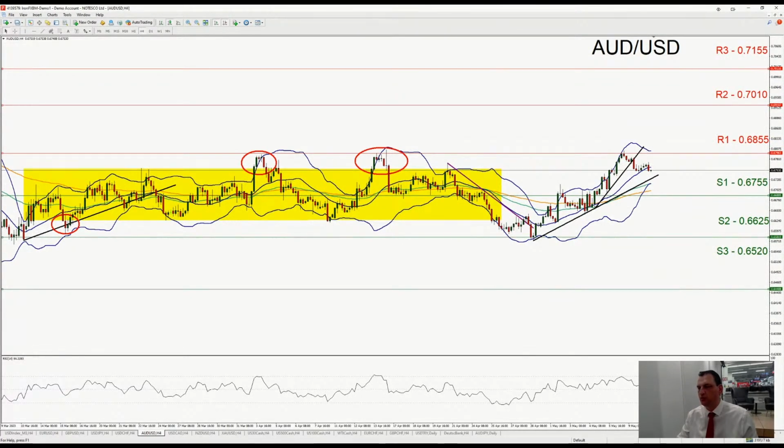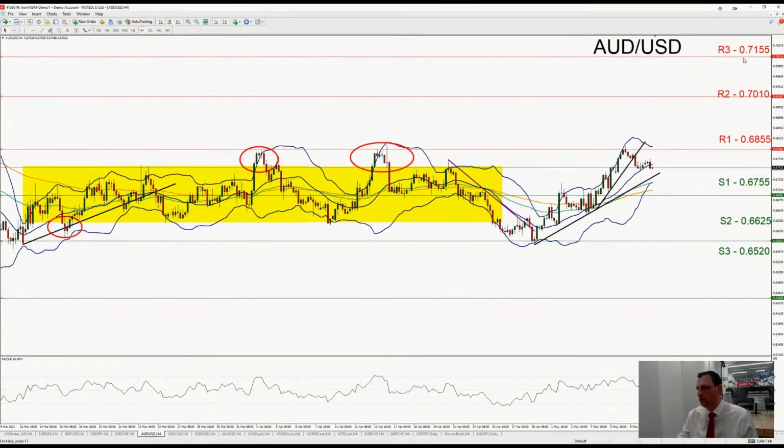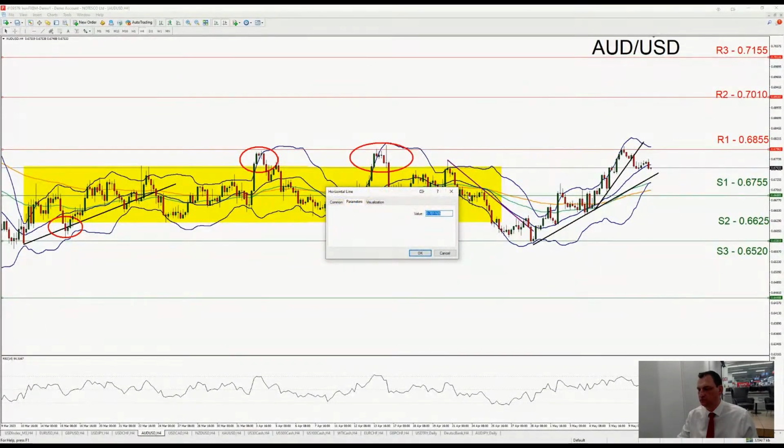I think this is a more clear picture here. Okay, let's correct the labels.